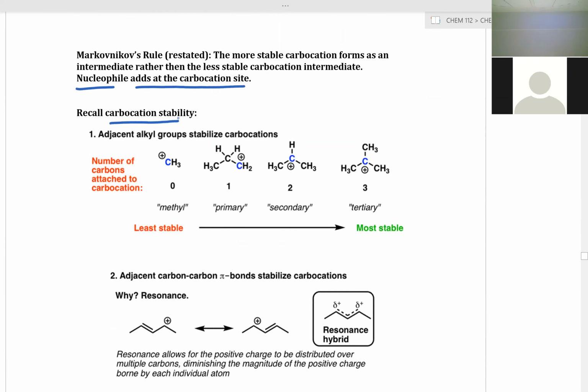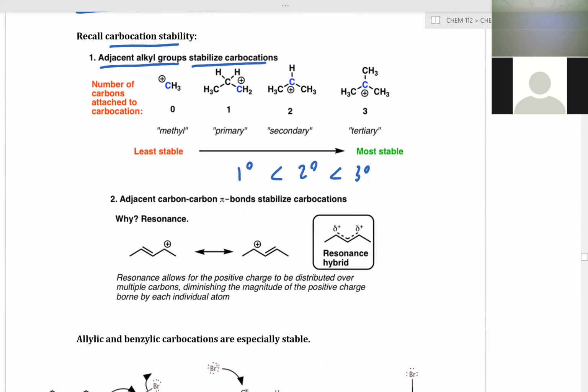So let's review carbocation stability to make sure we're considering all the factors that we need to. First and foremost, adjacent alkyl groups stabilize carbocations. That's where we see this trend where tertiary is more stable than secondary, which is more stable than primary, which is more stable than methyl carbocations. Now, adjacent carbon-carbon pi bonds stabilize carbocations via resonance. So you have to be on the lookout for conjugated or allylic and benzylic carbocations.